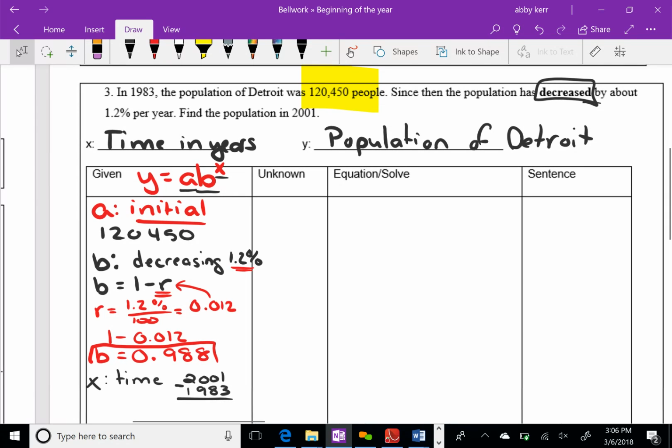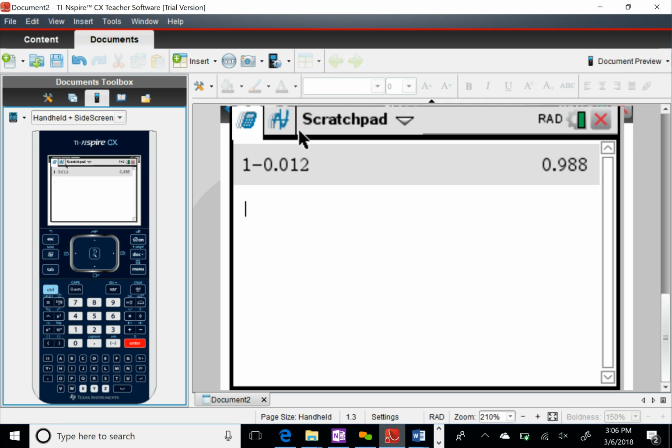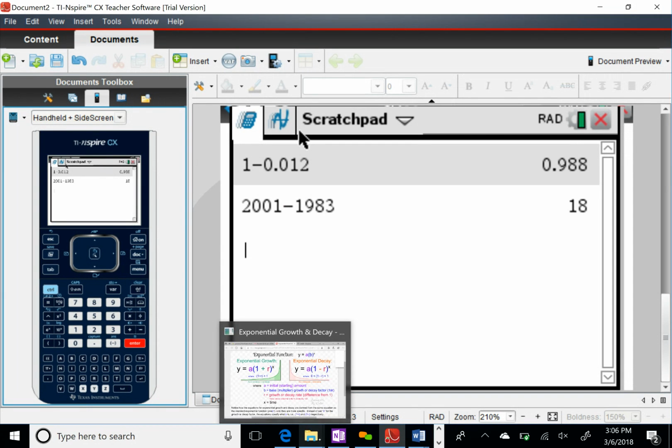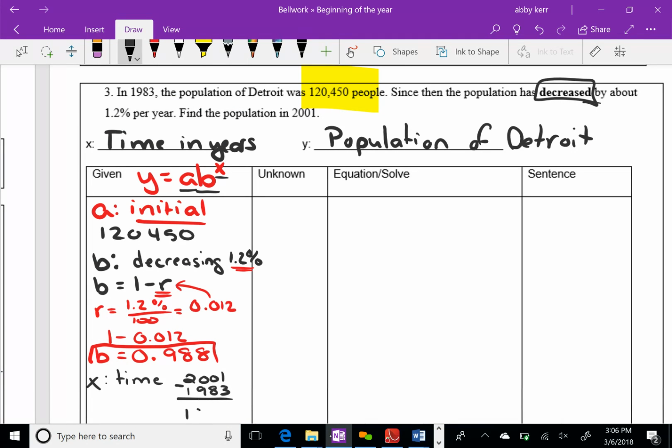So we need to figure out how much time went by, and you do that by subtraction. So 18 years. So that's going to be our X value. So our unknown is our Y value. It's the population.